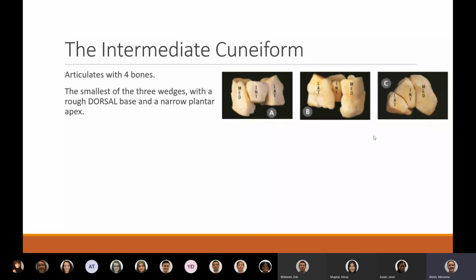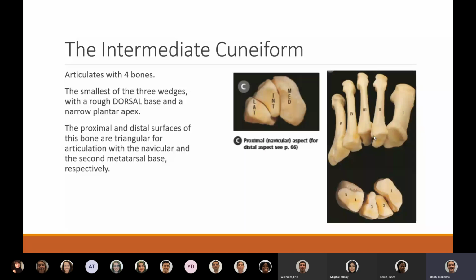So just be aware of all these things. They combine things together. If you look at it, you can see that it's a small triangular little wedge. The articular surface is a triangle with the base dorsally and the apex plantarly, and that corresponds to the second metatarsal.